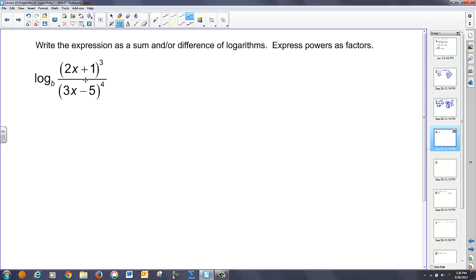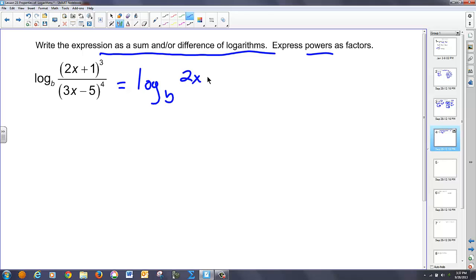Now in this case we have a single logarithm, but we're going to expand this into a set of sums and differences. So we're going to go just the opposite way, and we're going to express any powered term as factors or multiplications. So in this case I have that division, which I can split into a subtraction. So this is the log base b of the quantity of 2x plus 1 all to the third power minus the log base b of the quantity of 3x minus 5 to the fourth power.